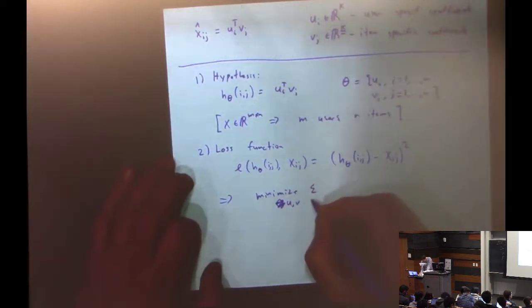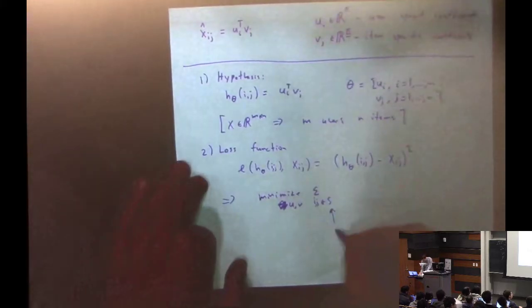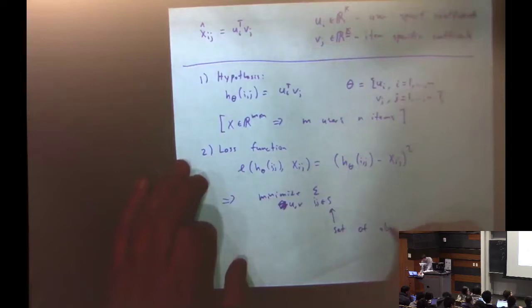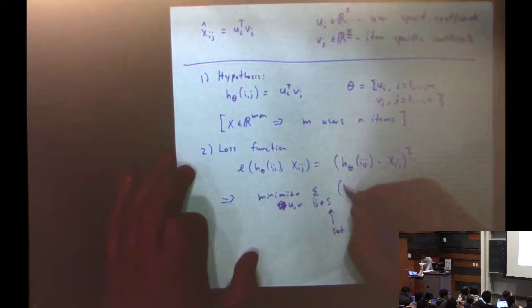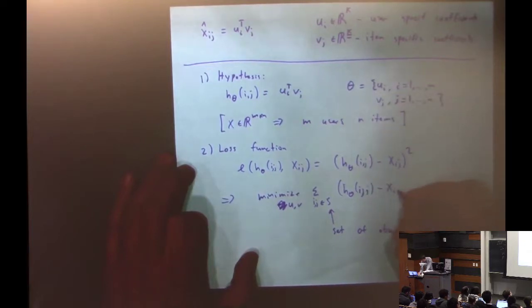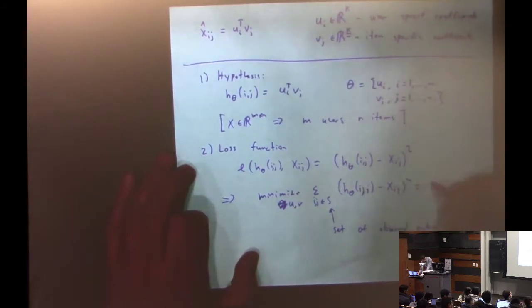The sum over, and I'm going to write this as the sum over all ij in S, which is just the set of observed entries. So minimize over all our observed entries of just this thing, h theta ij minus xij squared, which of course is equal to ui transpose vj minus xij squared.